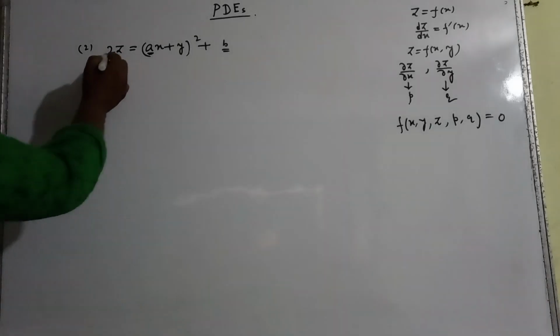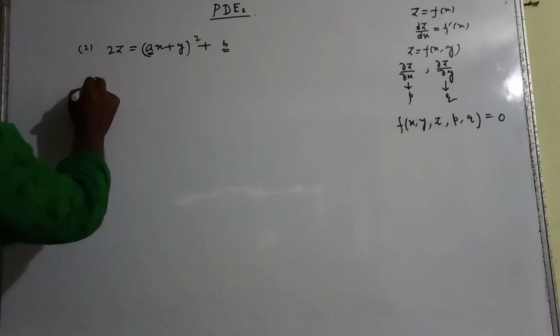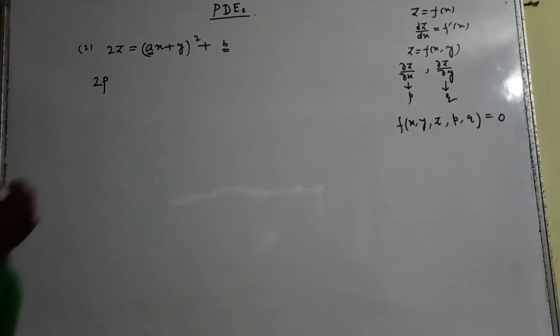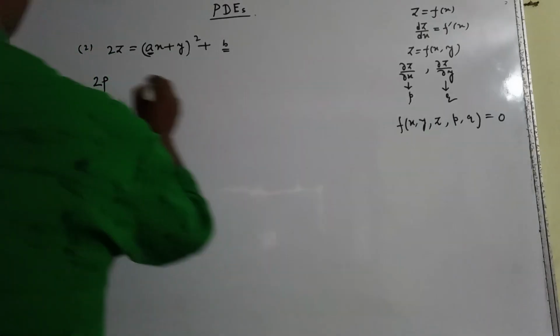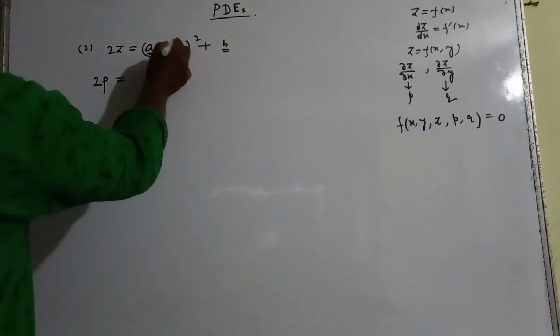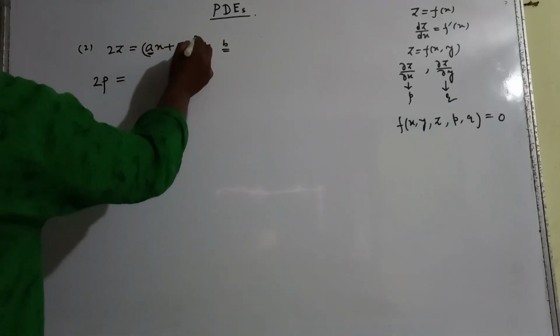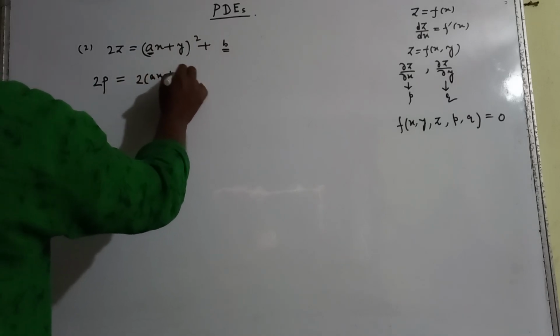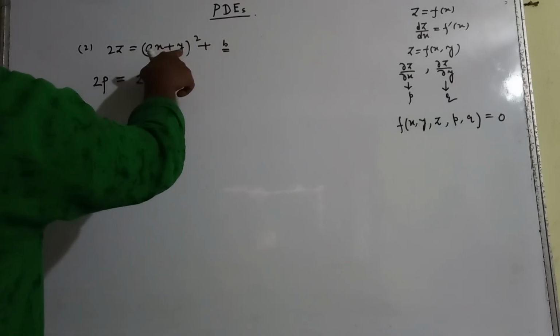If we differentiate partially with respect to x, we get 2 del z del x, that means p. So p equals, differentiating the square function, 2(ax plus y) into the differentiation of ax plus y with respect to x.